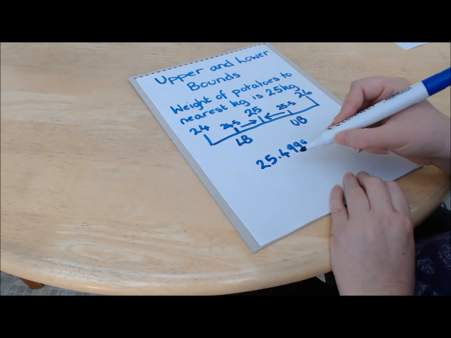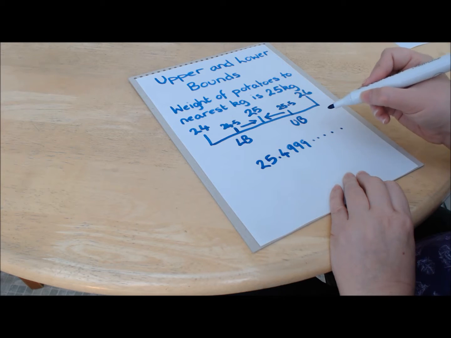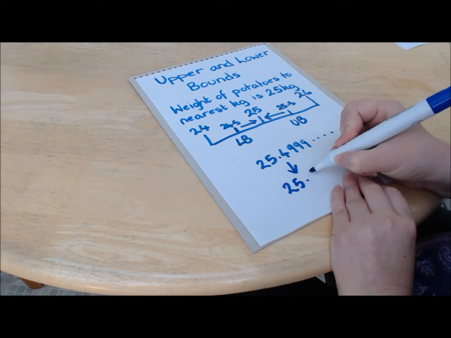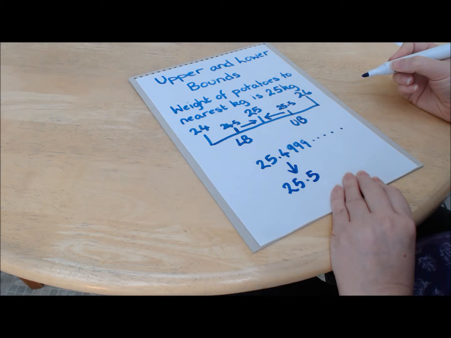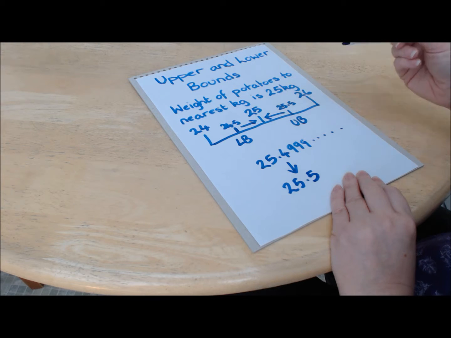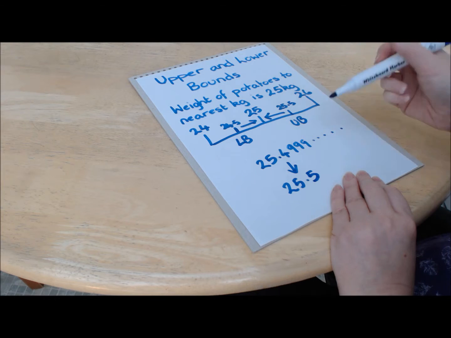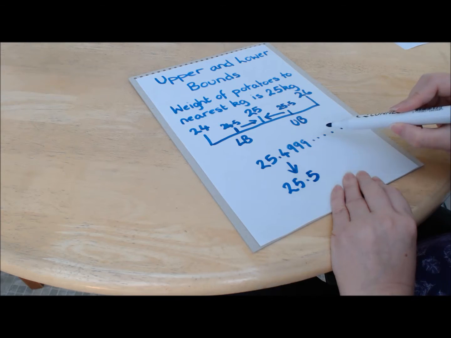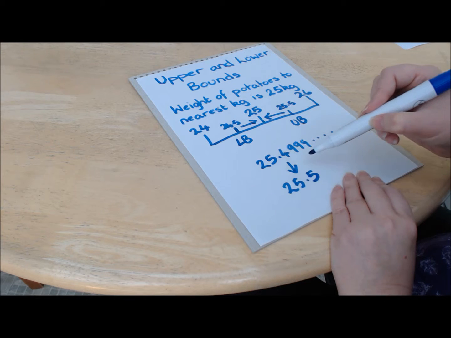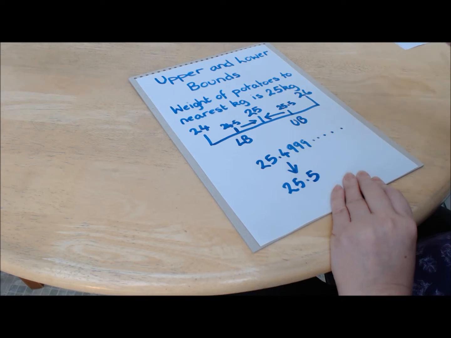And so if we were to round this to one decimal place, this rounds back to 25.5. So if you're doing normal ordinary rounding, 25.5 very definitely does round to 26. But when we're talking about upper and lower bounds, it's about the practicality of things. And so the upper bound technically is this, but practically for actually putting it into the calculator and working with it, we're going to use this. So that's upper and lower bounds.